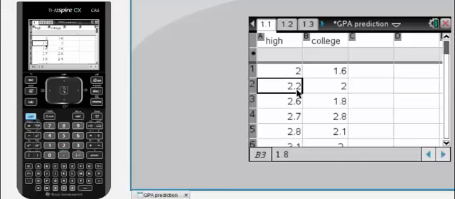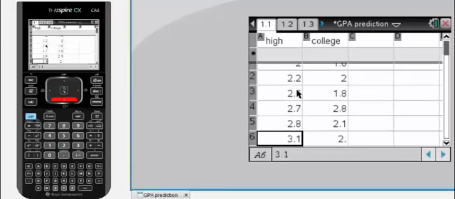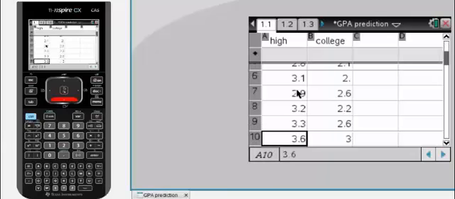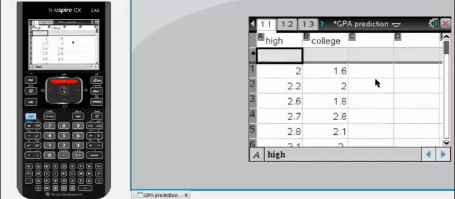I copied the table in, and if you need the table, it's also in the Moodle under the last class, the scatter plot to do as a class. I want you to have that in your calculator, and then let's see if your calculator can figure some things out.